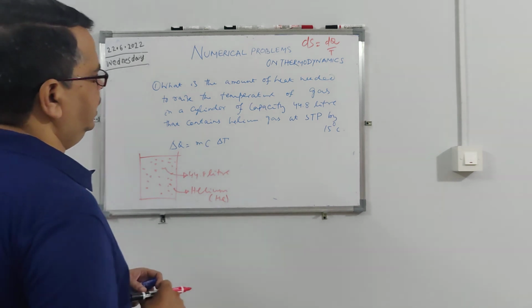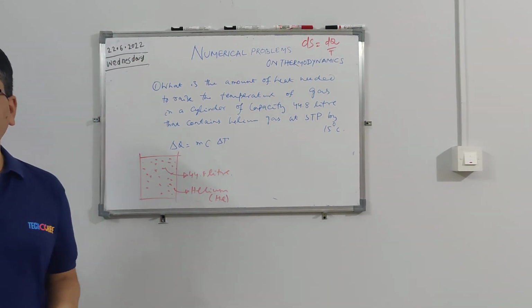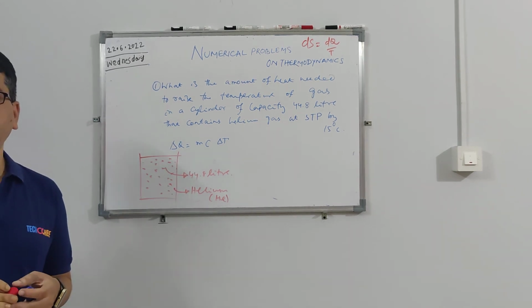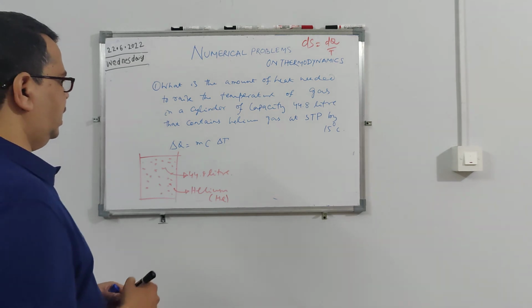It is at standard temperature and pressure. So pressure is atmospheric pressure, and what is the standard temperature? Room temperature, 27 degree, that is 300 Kelvin.